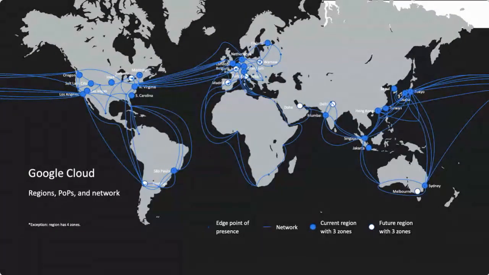The benefit that you get as a customer is that when you create your VPC networks, which are a logical entity inside of GCP, you can use this entire network as well. So this has been extended to you by GCP as a customer.